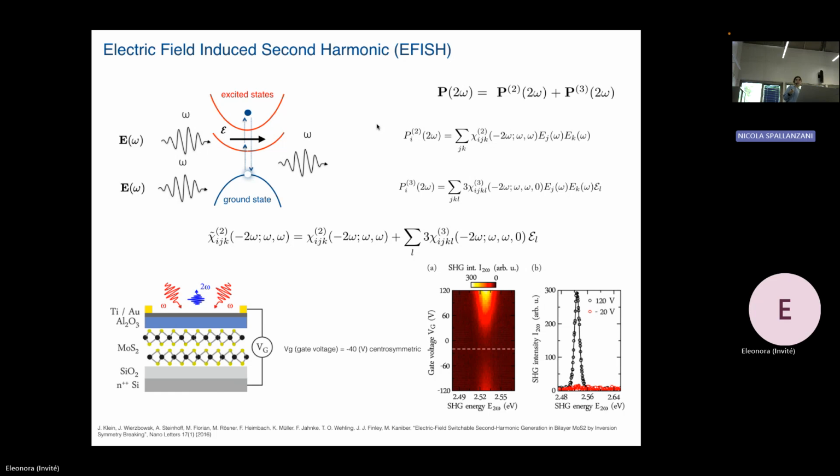This corresponds to minus 40 volts, sorry, minus 20. My fault, sorry. So basically you don't see anything. And then if you apply this static field, you have some third order effect, and you see something. You can measure something, and this is due to a third order response of your system.